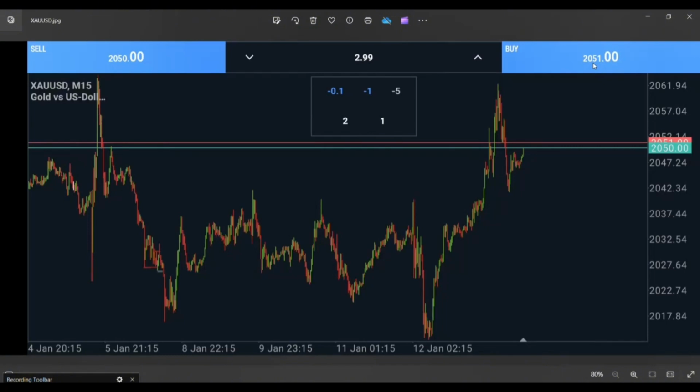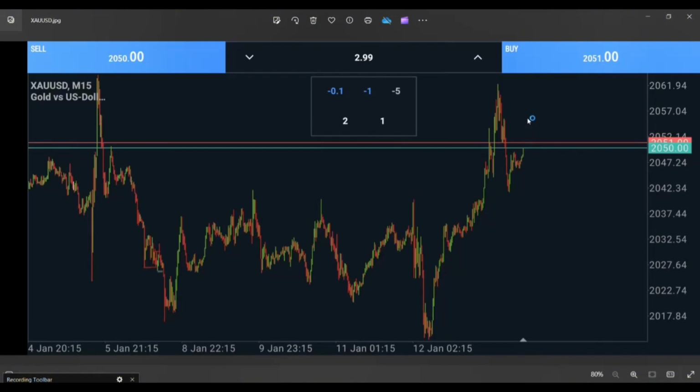But let us say you are busy and you are not going to have time to come back to the market to buy or to sell, and you decide, I know for sure, or based on my analysis, I am anticipating that gold is going to get to a level. But if it gets to that level, I am not going to be in the market. So I am going to set a pending order.